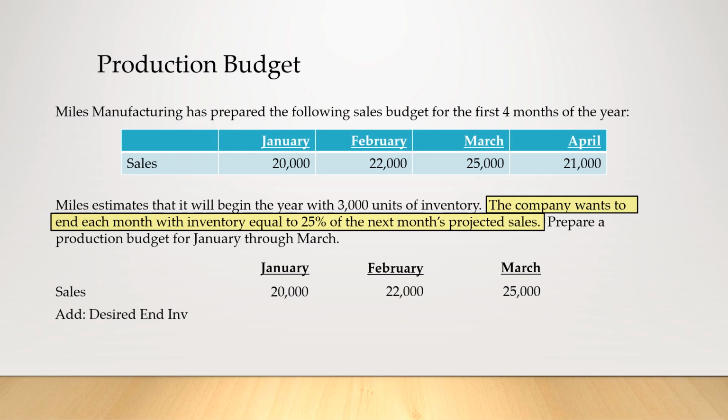So January's ending inventory will be 5,500 units, 22,000 times 25%. Likewise, February's ending inventory will be 6,250 units, 25,000 units times 25%. For March, it will be 5,250 units, 21,000 units times 25%.